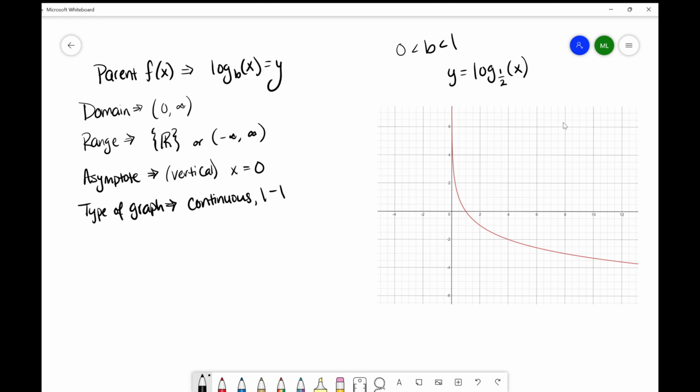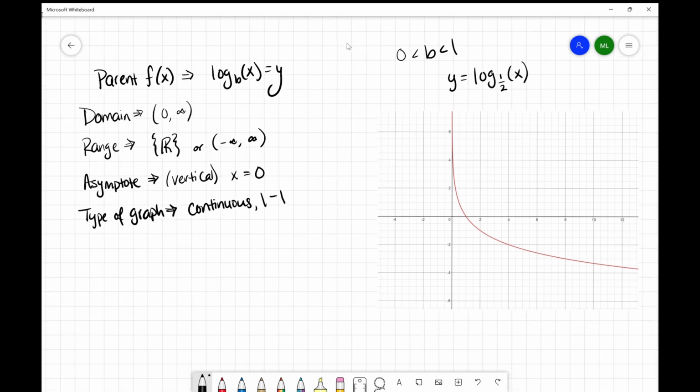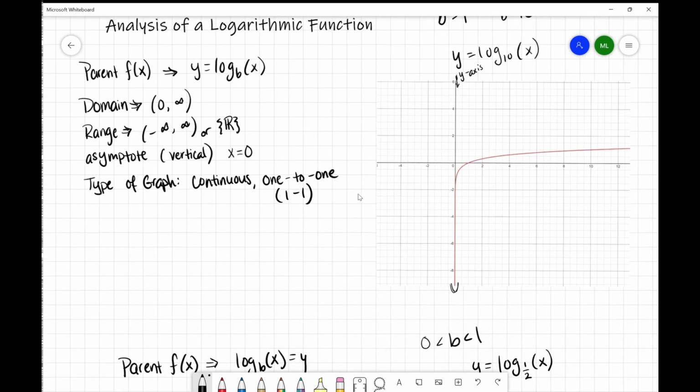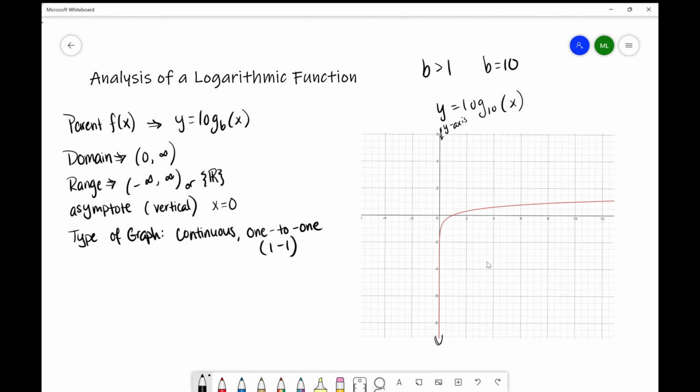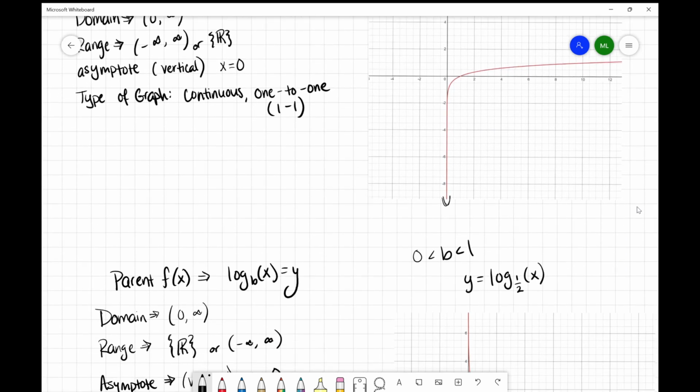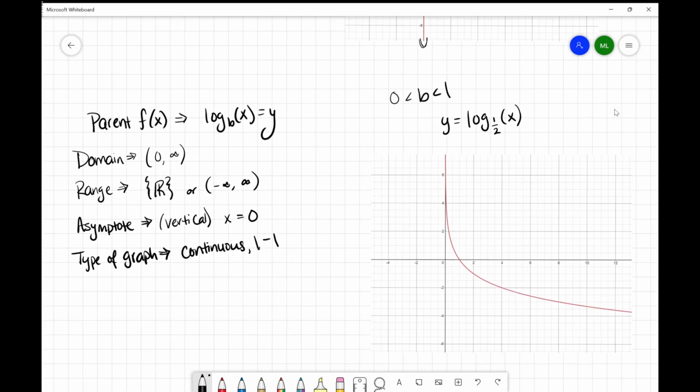With b in between 0 and 1, we have decay, a decreasing function. Whereas if I go back up and observe my log base 10 function, this is an increasing function. So this is the difference between the two log functions. I'll come back down here so you can see it.